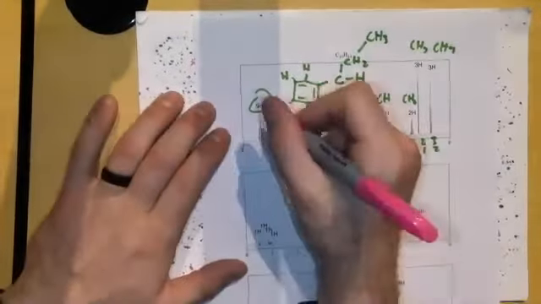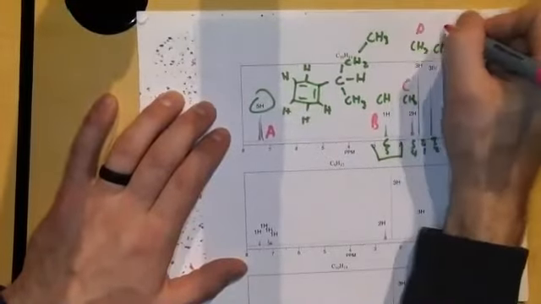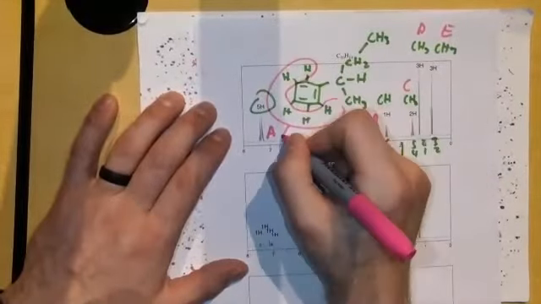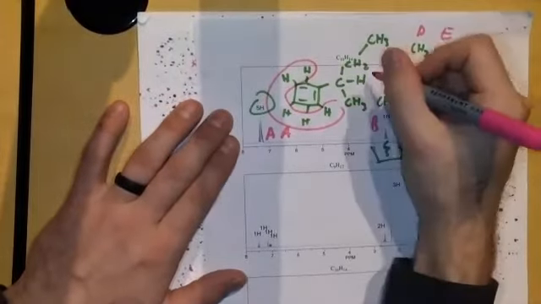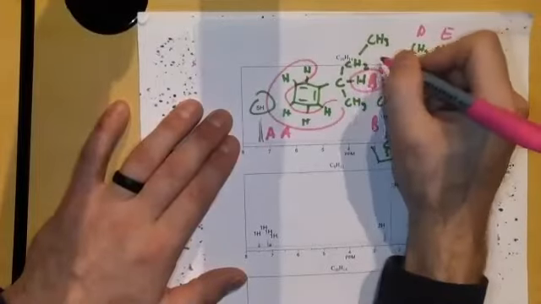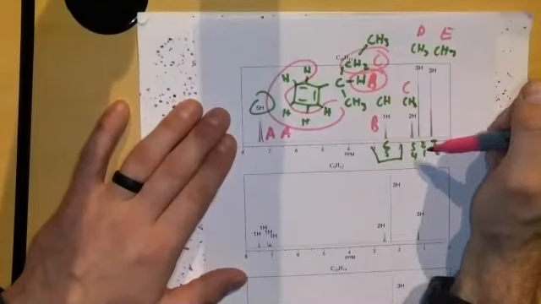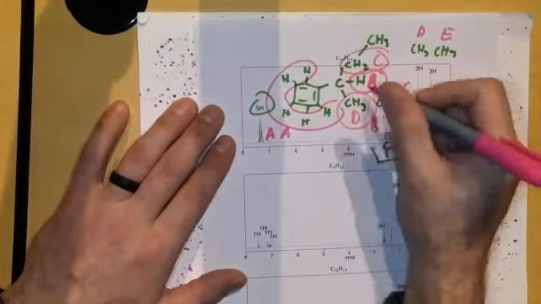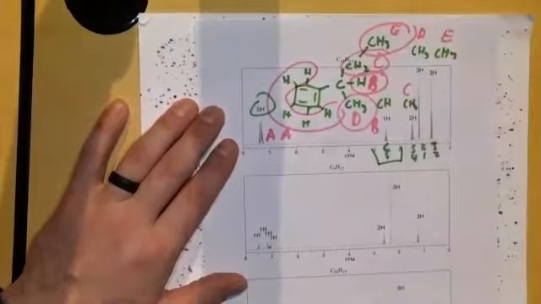For labeling these, I don't expect you to discern between the aromatic ones, so these are all going to be A. B is going to be our CH. C is going to be our CH2. D is our CH3 with 1 neighbor. So this CH3 is next to the CH, and then this CH3 is next to the CH2, so it should be the other one.